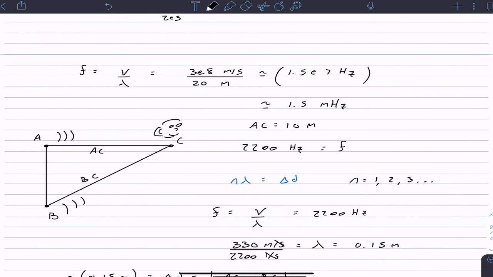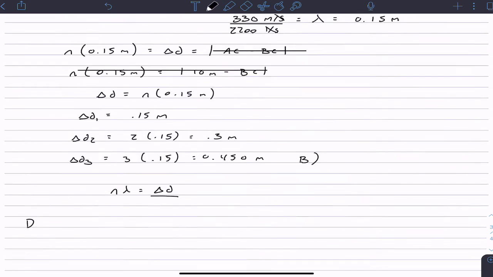What number are we on? D4. So we have a similar setup, two loudspeakers making some noise. They are blasting, and someone stands 4 meters away and says it's at a minimum.